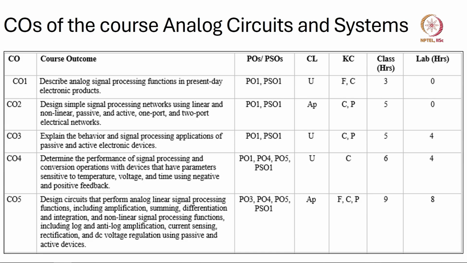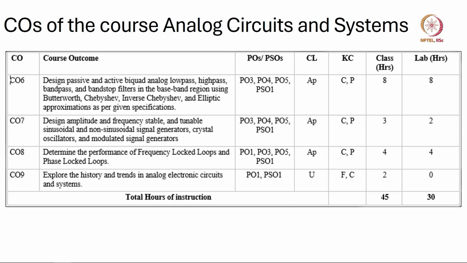Along with that, how many hours are dedicated for classroom transaction and how many hours are dedicated for lab hours, that is also specified in this table. So in all, this particular course has 9 course outcomes and 45 classroom teaching hours and around 30 lab hours.